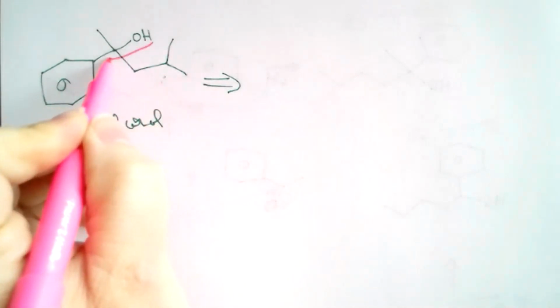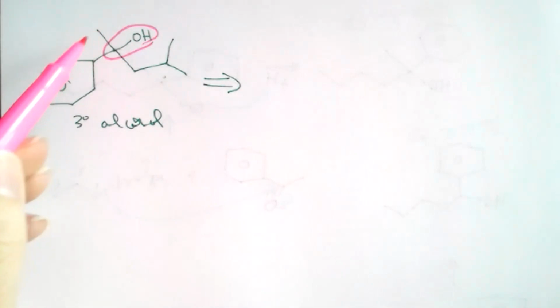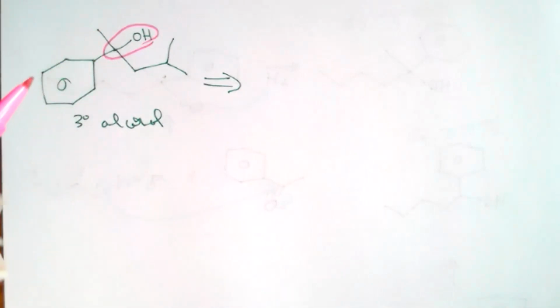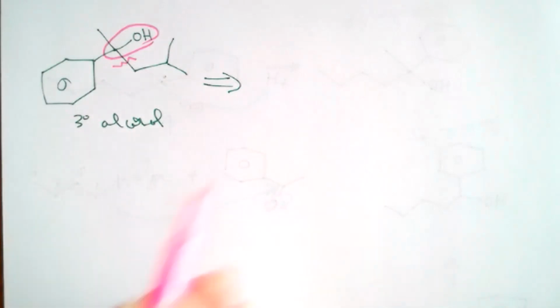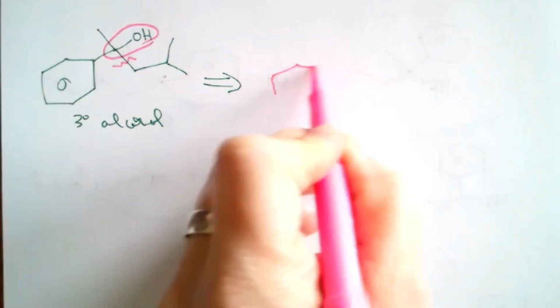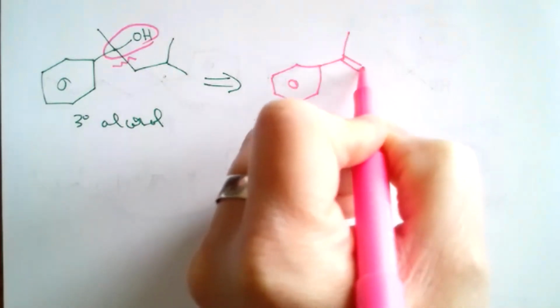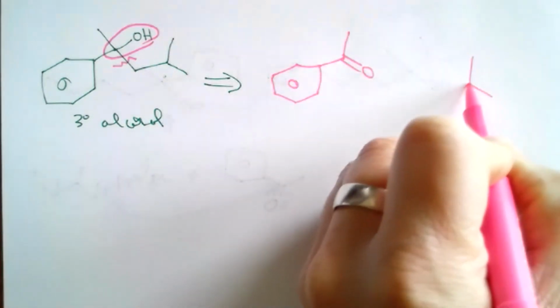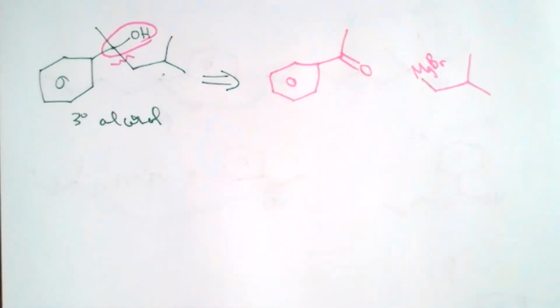Start by circling the carbon that has the OH. And you could imagine breaking any of the 3 bonds around it. We're going to do this one in pink. There's my ketone and my Grignard in pink.